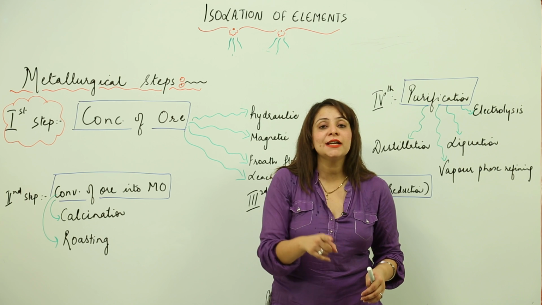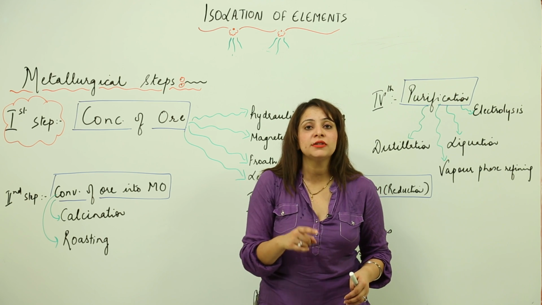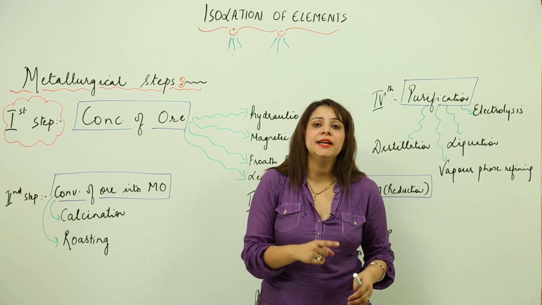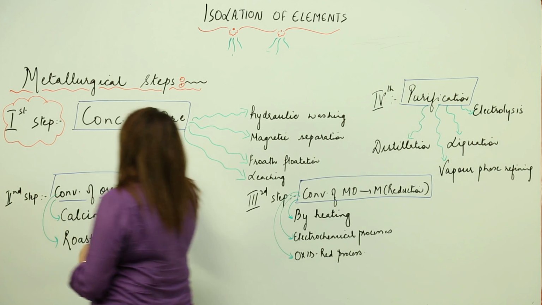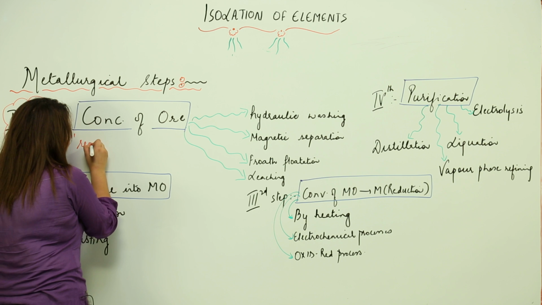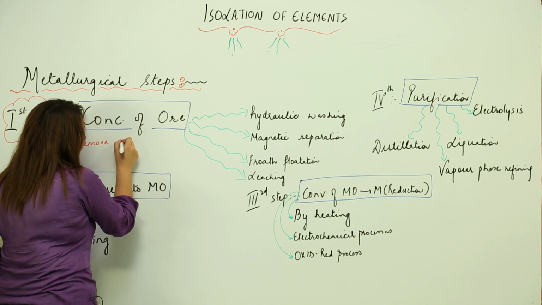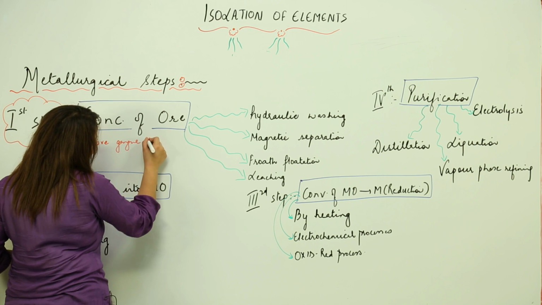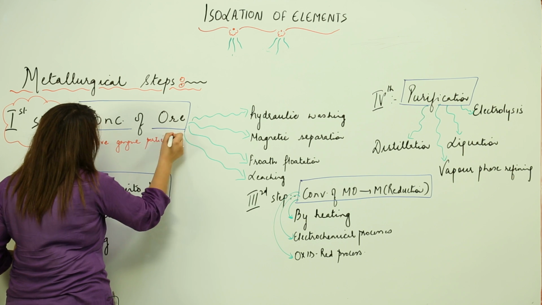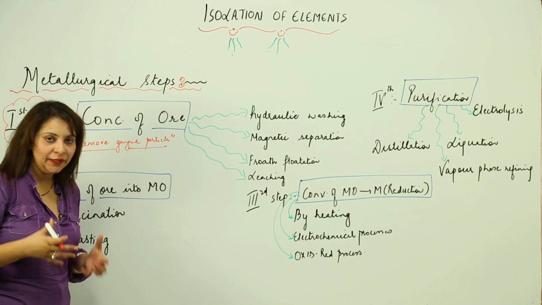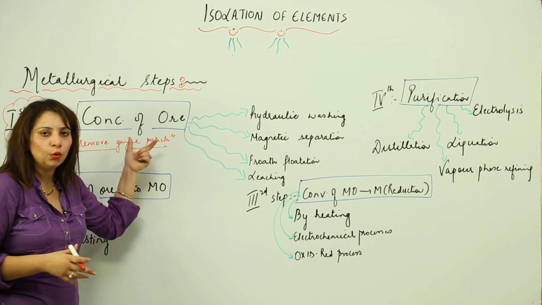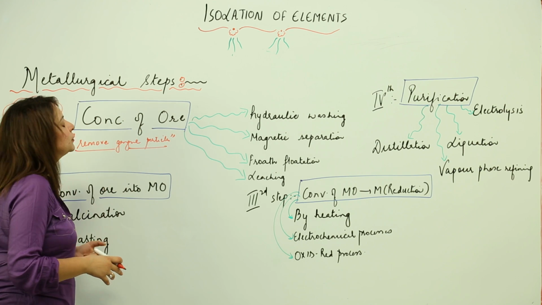The first step is to remove those things, because they will interfere in the processing. So concentration of ore means to remove undesirable substances, the gangue particles, and after removal, the ore which we get is the concentrated ore. Now how can we remove those gangue particles?